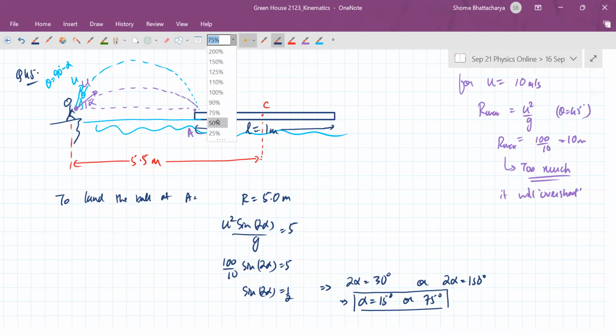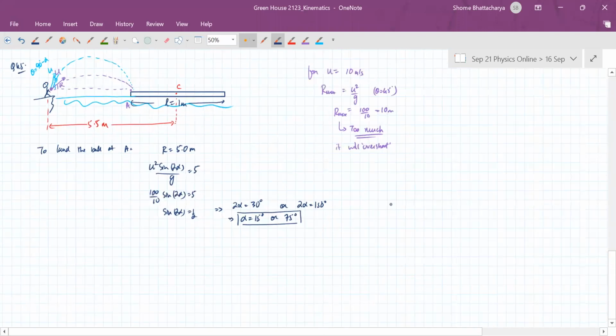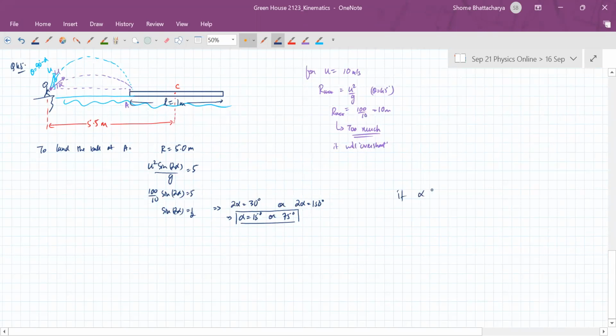So now this also tells me something: what happens if alpha is less than 15 degrees? Then the range will become less than 5.0 meters. And what if alpha is greater than 75 degrees? Then also the range will become less than 5.0 meters.